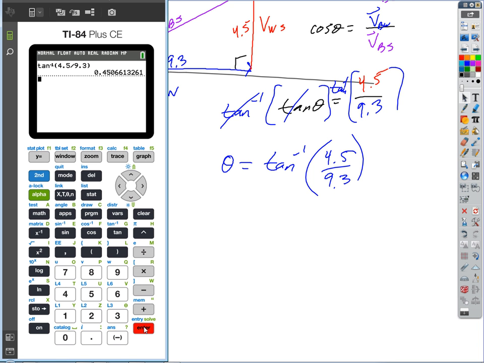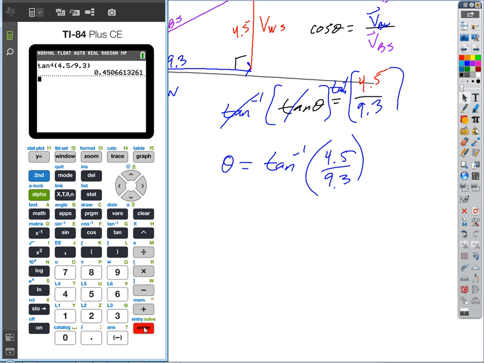Exactly, it's in radians. We can tell that's not right: I'm going over roughly 9 and up 4.5, which is clearly an angle bigger than 1 degree. So what can I do to fix that?